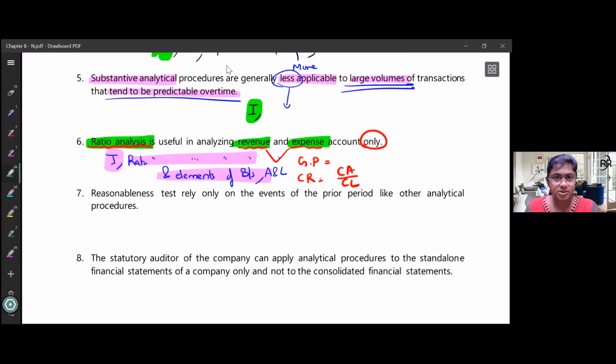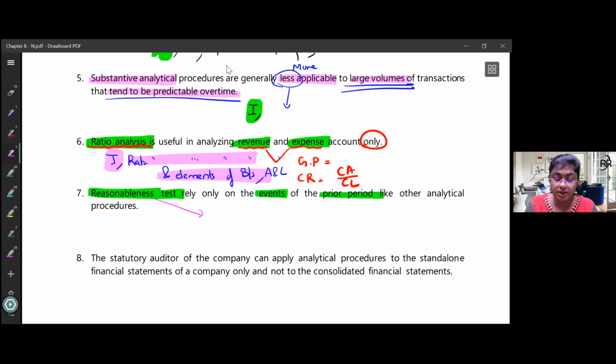Just 2 more questions, students. Chapter is over. Reasonableness test rely only on events of prior period like other analytical procedure. No, students.